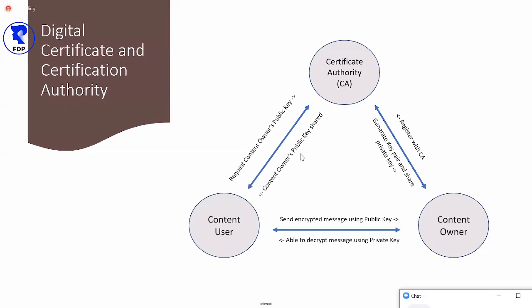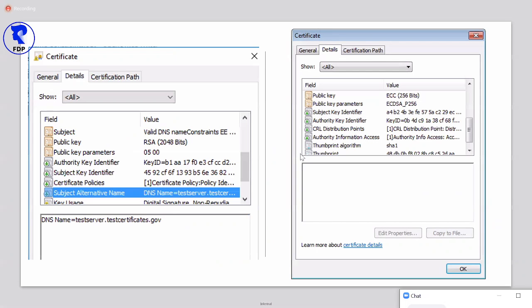I have a small homework for you, which is related to digital certificates. You might have looked at this particular digital certificate on your web applications. One of the things in the details is the public key field, which says which algorithm is used.